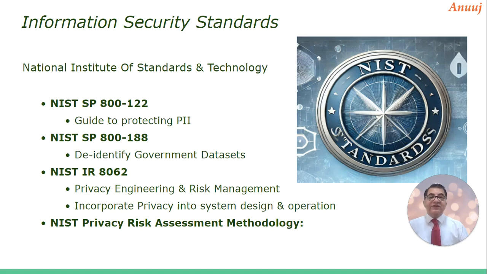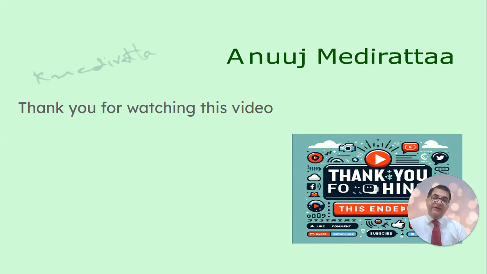So if you want to do a risk assessment of the privacy of your personal information within your organization, you can follow the NIST guidelines as well. These help you manage privacy risks and issues. So these are the two major guidelines that you have internationally on information security, and considering the adoption and relevance of data privacy, they have started talking about data privacy as well in their guidelines.